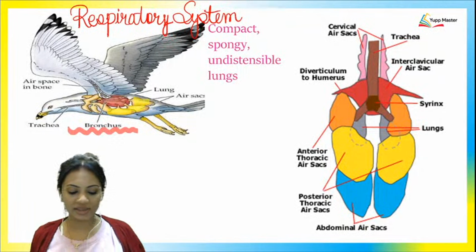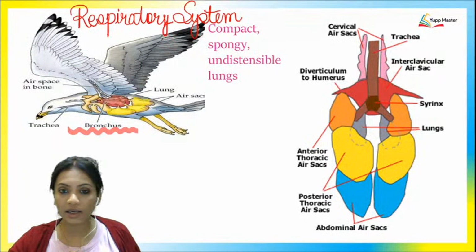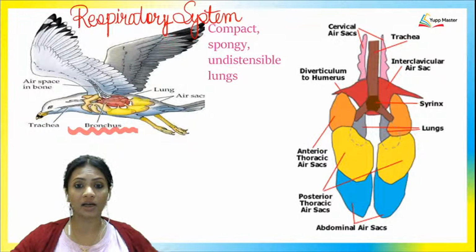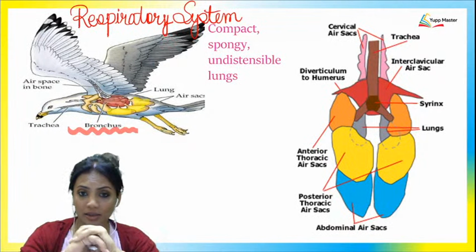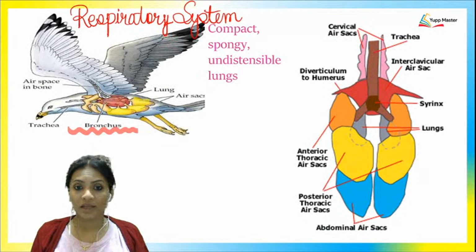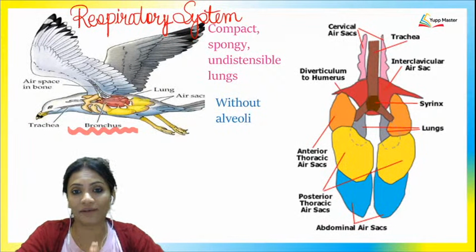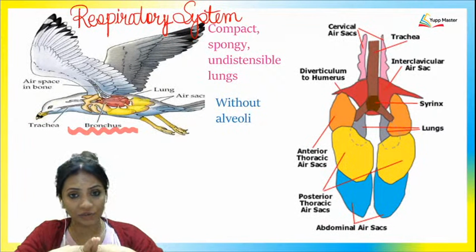Now, in this respiratory system, they have lungs as the major organ. They are compact and spongy, but they are undistensible lungs. Not like our body, they don't have lungs which are expandable. And the lungs do not have alveoli. What is an alveolus?